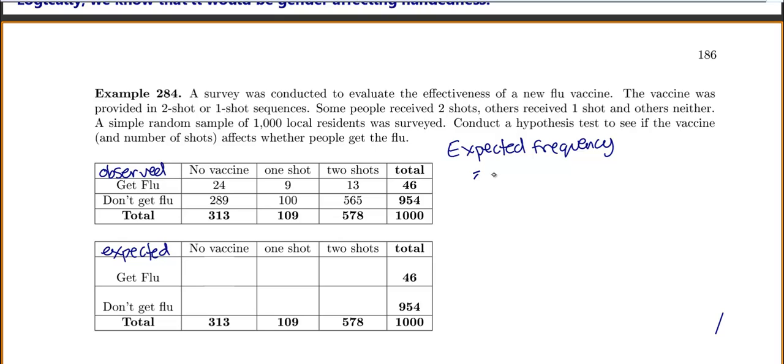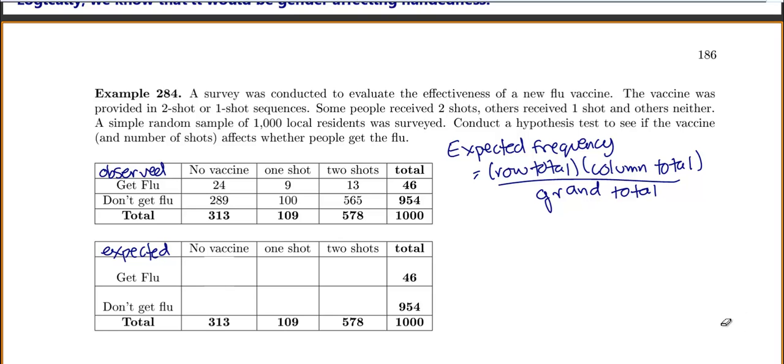And your expected frequency is going to be your row total times your column total over the overall grand total, with our overall grand total being 1,000 because I surveyed 1,000 people. So let's go ahead and find each of these expected values.